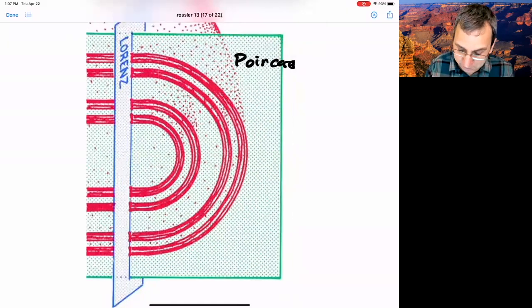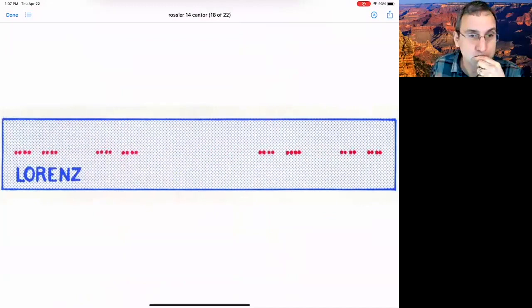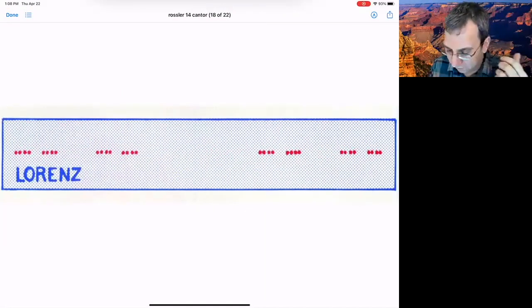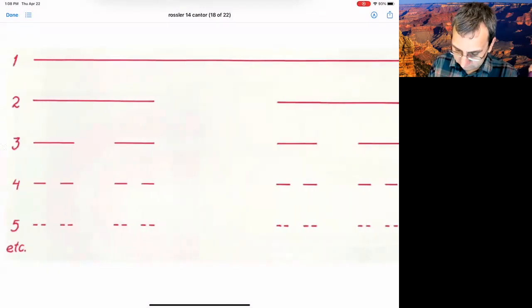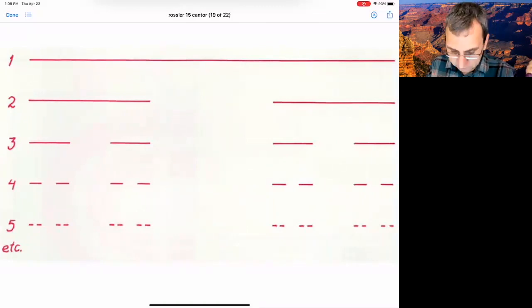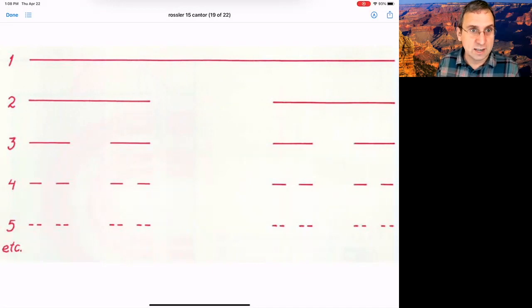Well, maybe by now you can guess: a Cantor set. So we have what appears to be a Cantor set of points that just arose from the dynamics of an ODE on an attractor.